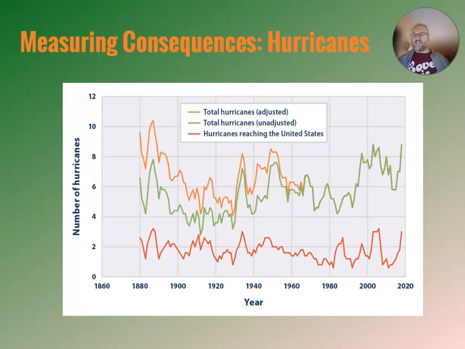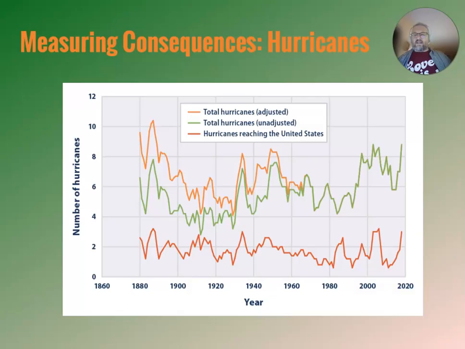So before satellites, we have to put this record together using observations of people that got caught in the hurricane. After 1970, we have satellite data that allows us to observe hurricanes wherever they may be, and so we no longer have to do that adjustment. So that tells you something about how we know something about hurricanes.